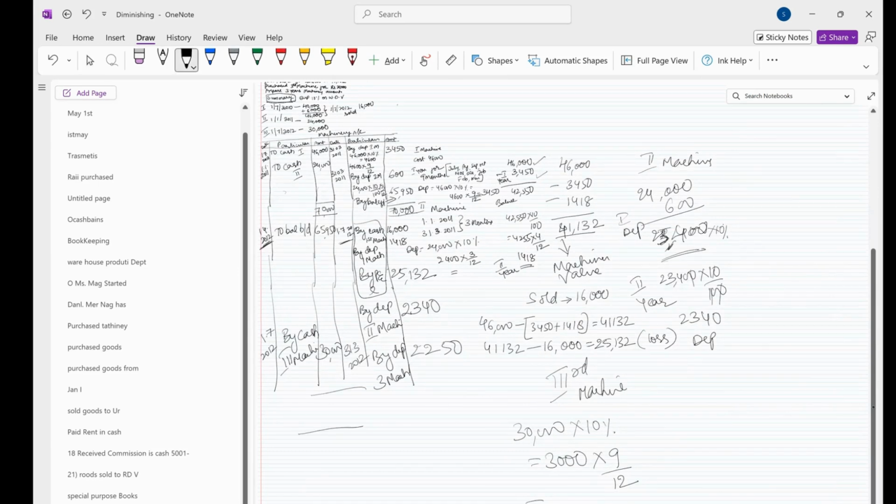This one is how much? 65,950 plus 30,000 is 95,950 this side.